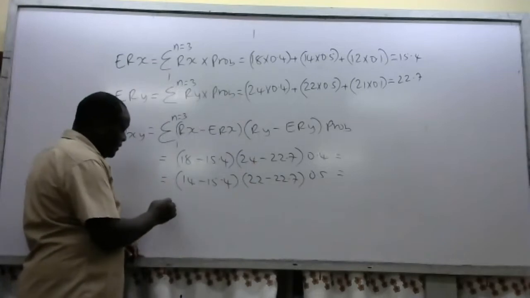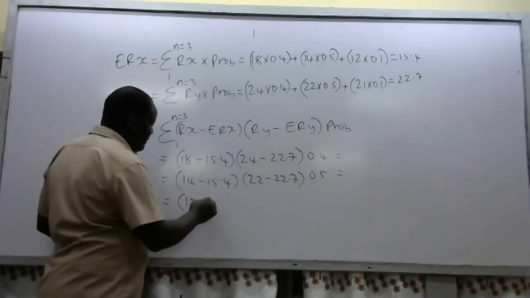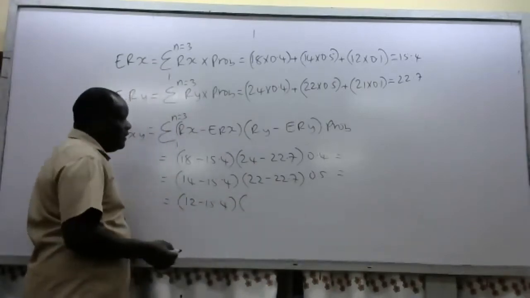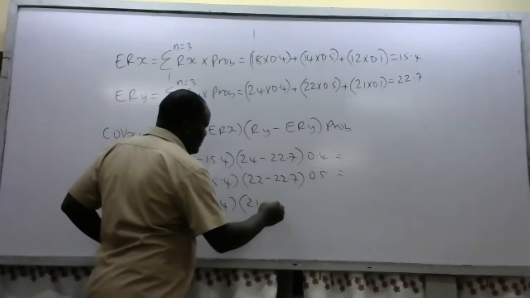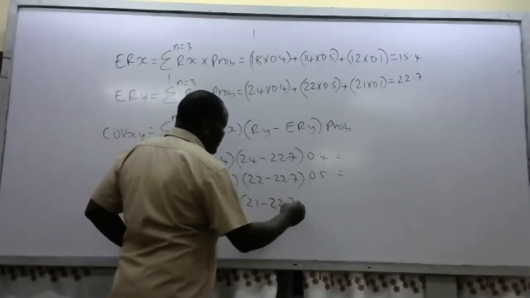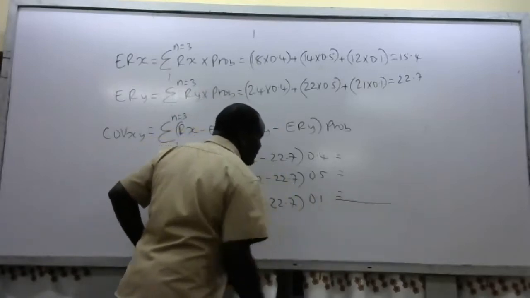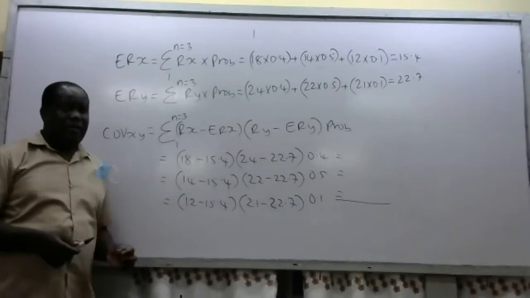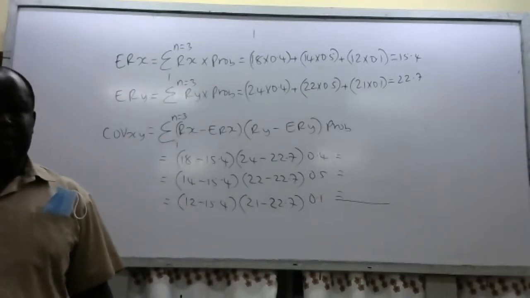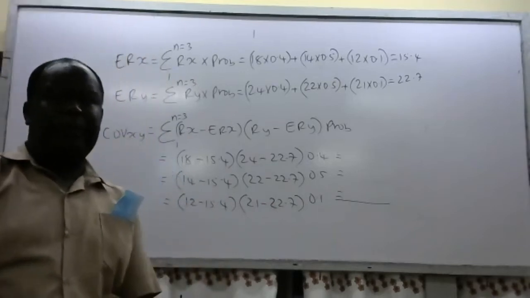Then the last one is 12 minus 15.4. Then the other one is 21 minus 22.7, then 0.1. So you add them together to give you the covariance.